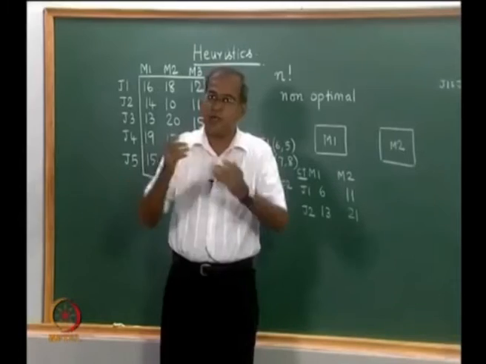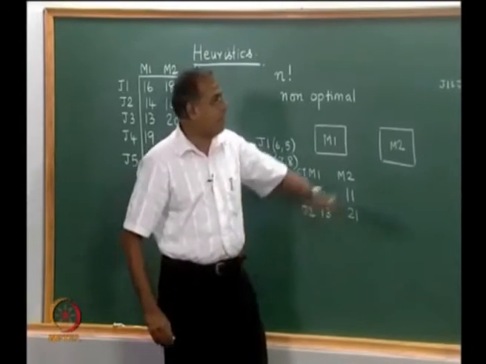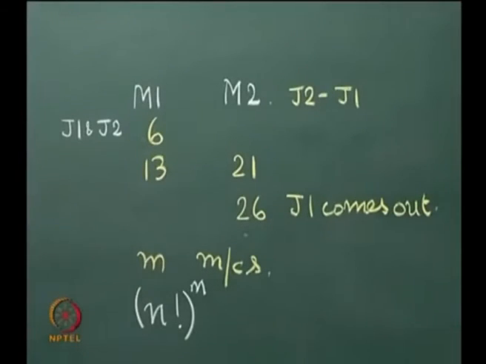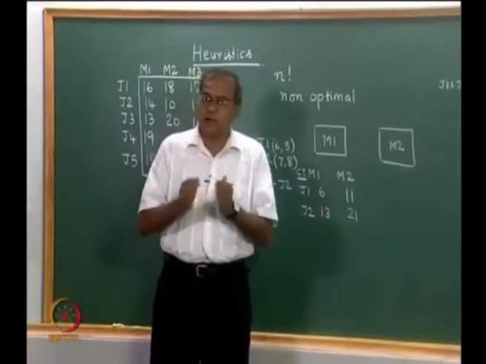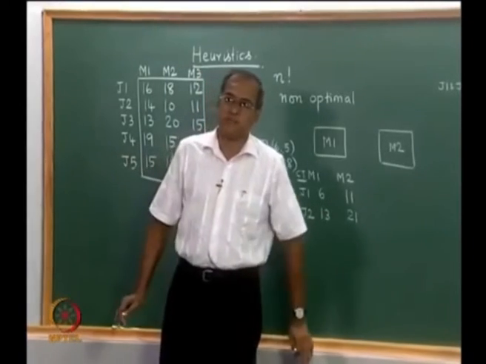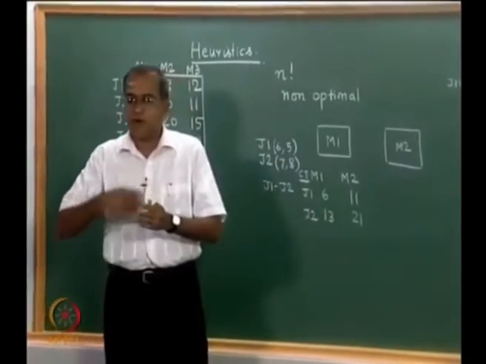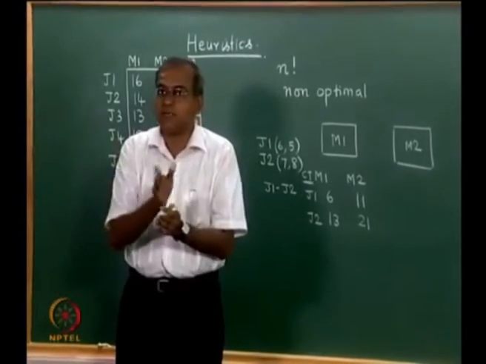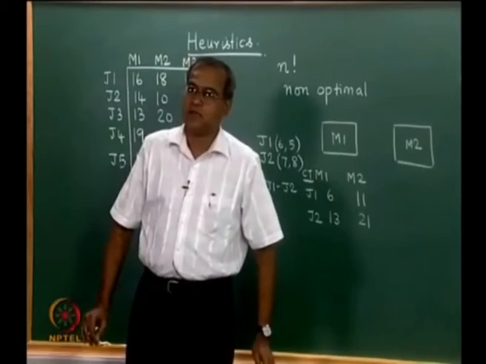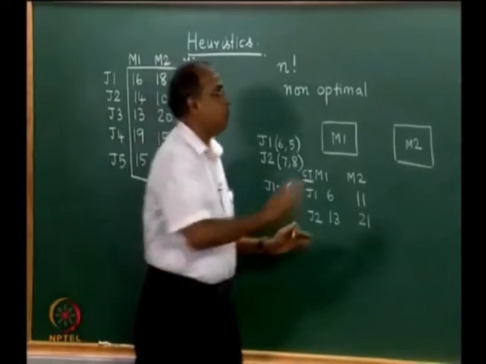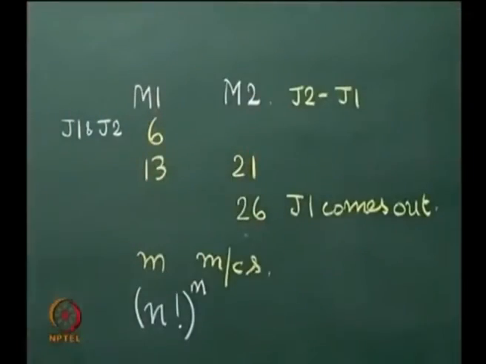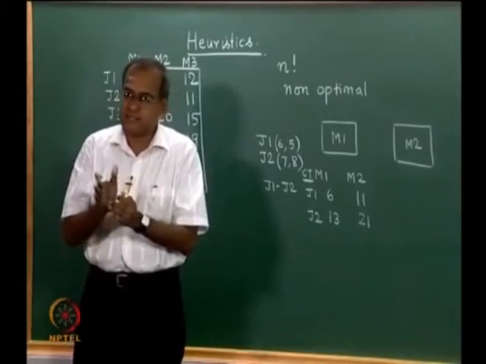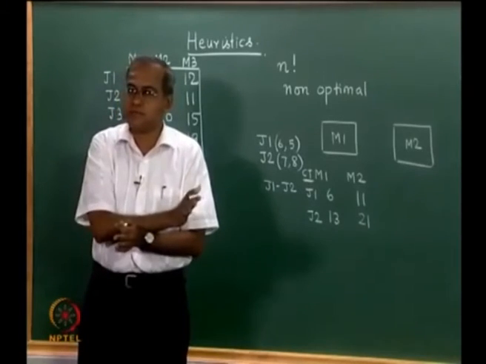So, if there were a due date related measure, once again this would perhaps show a higher tardiness than this. So, for what are called regular performance measures, where the objective function will increase when completion times increase, it is better not to follow this and to follow this, where the sequence of jobs is the same on all the machines.